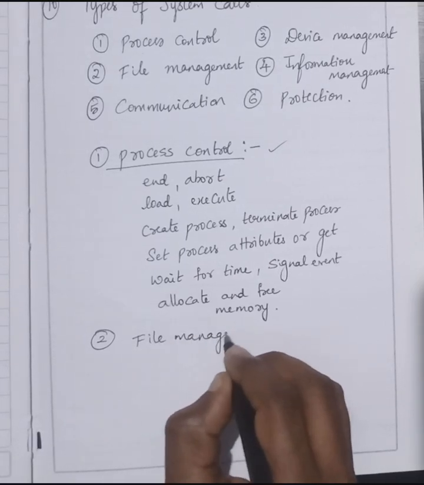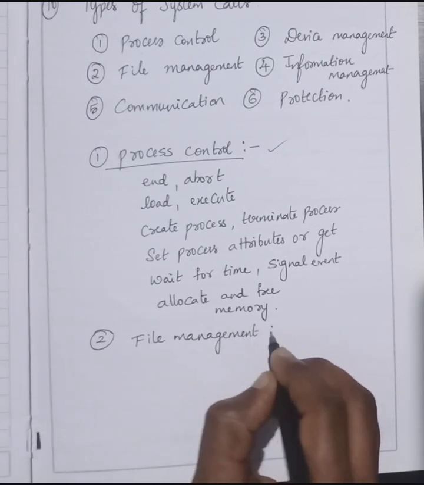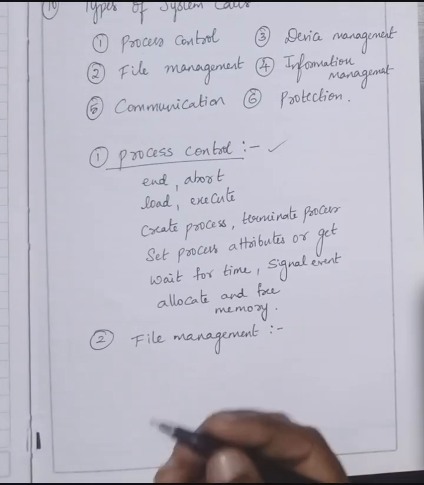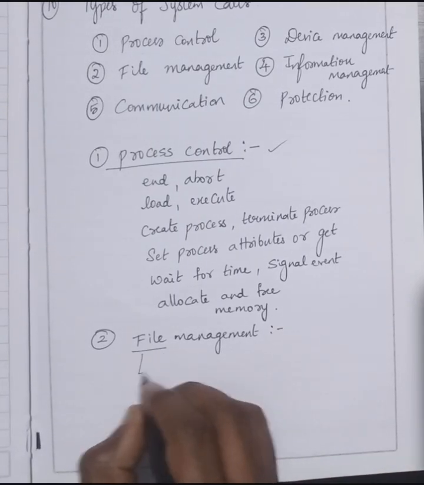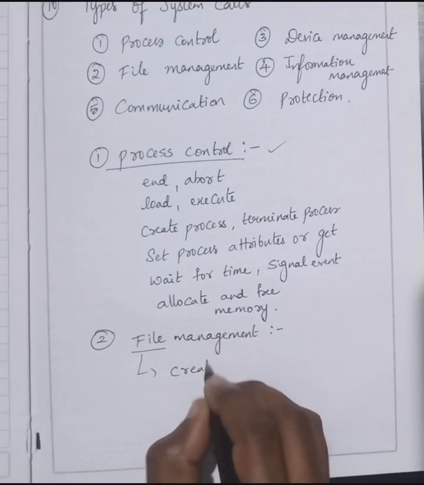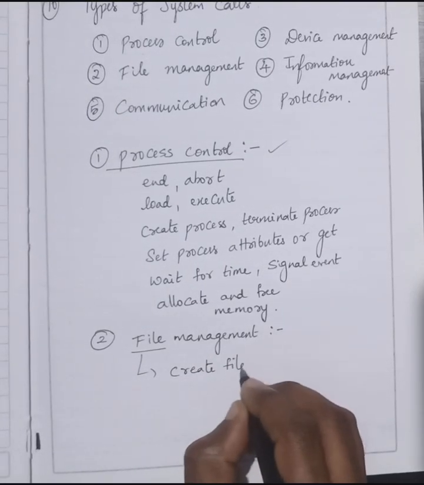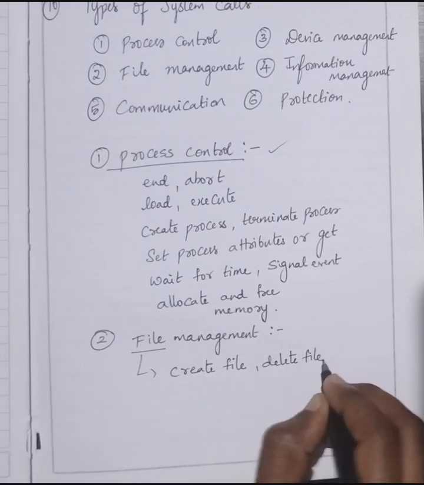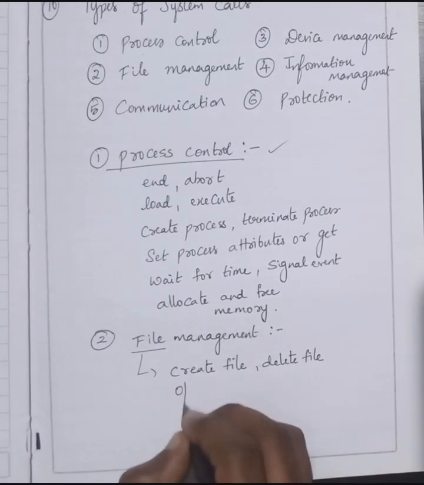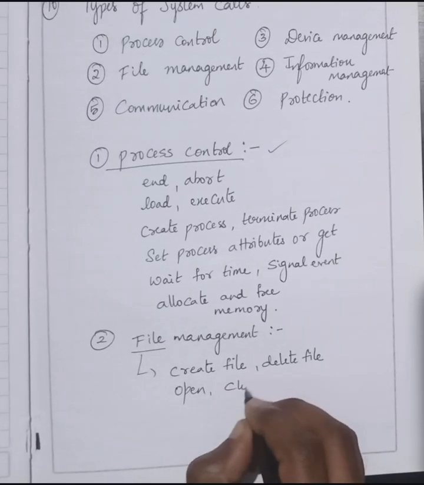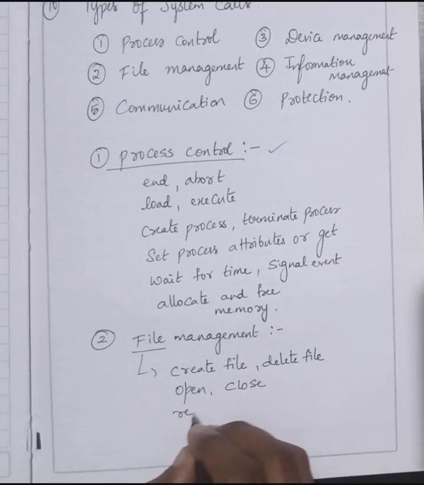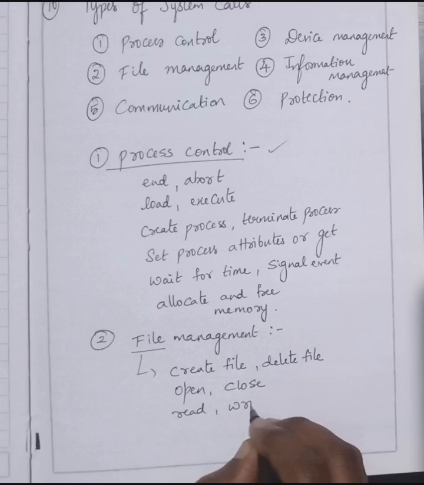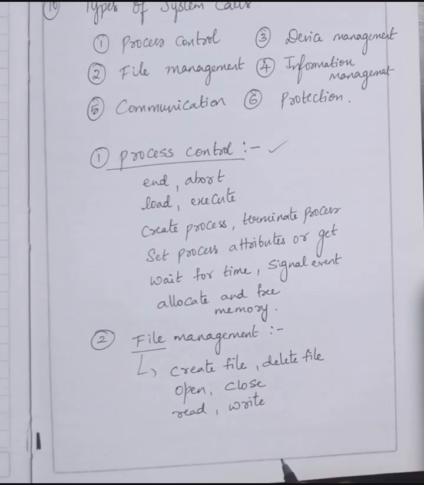Whenever we say file management, there are different types of system calls for this also. Whenever we say file, the first thing we remember is creating the file and deleting the file, and for creating and deleting we have a separate system call. Then we need to open the file and close the file, and read from the file and write into the file, for that also.